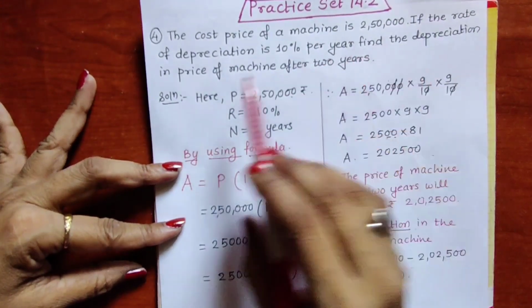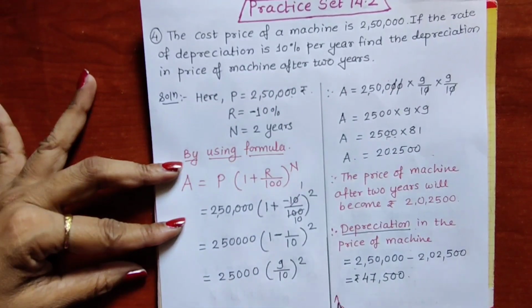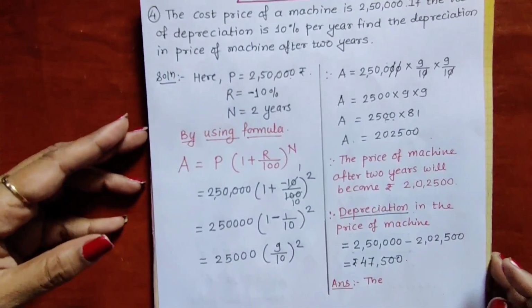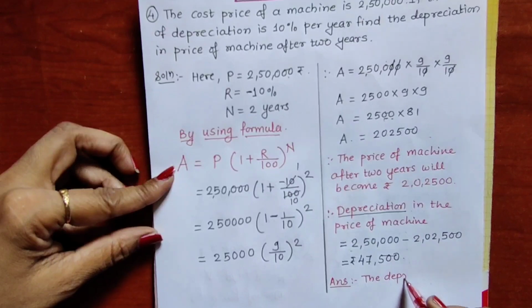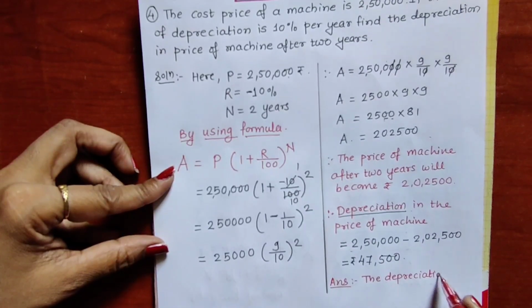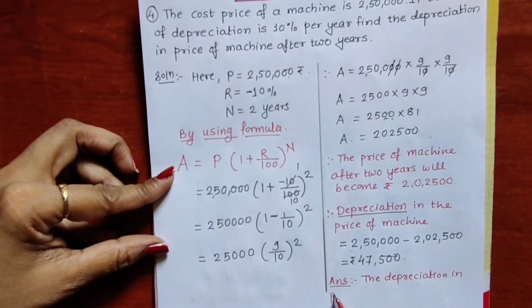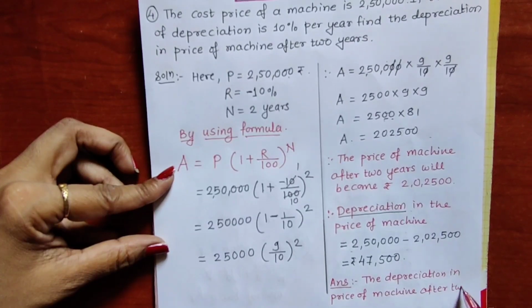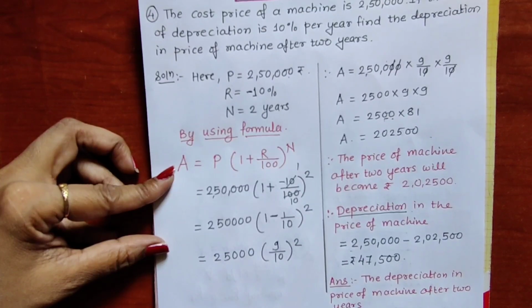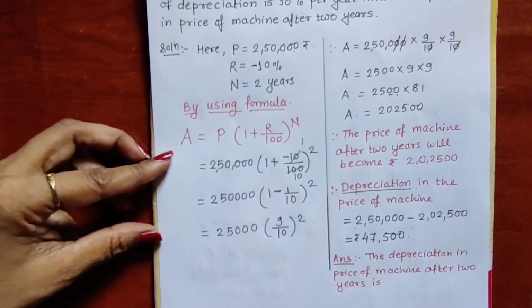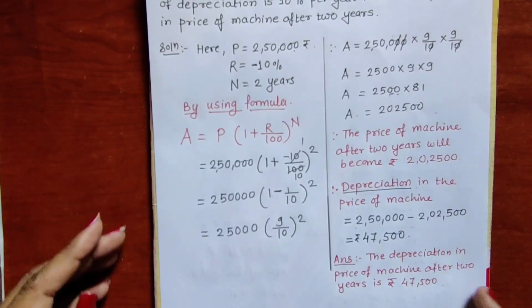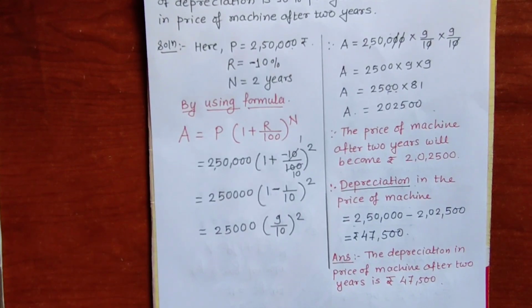So find the depreciation in price of machine after 2 years. Therefore answer statement we have to write. Therefore the depreciation in price of machine after 2 years is rupees 47,500. In this way we can calculate the depreciation.